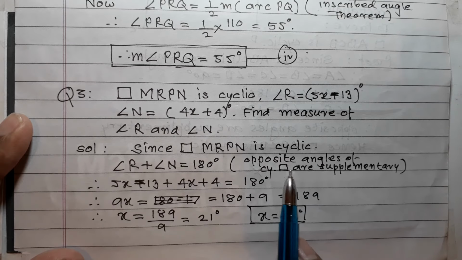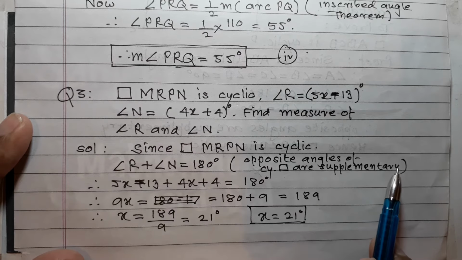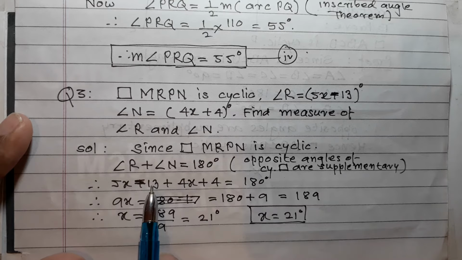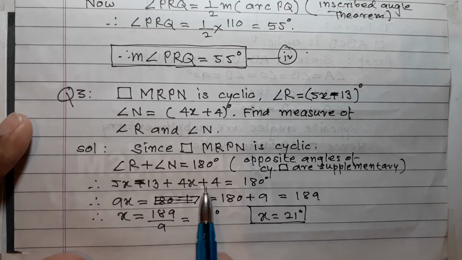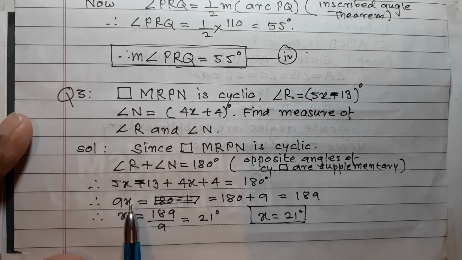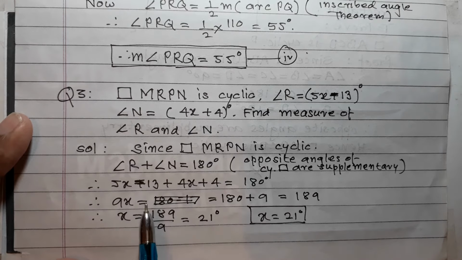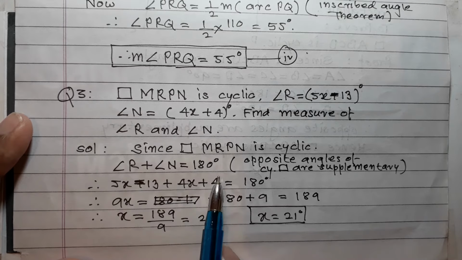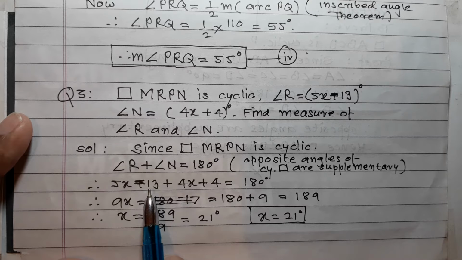Opposite angles of a cyclic quadrilateral are supplementary, and therefore 5x minus 13 plus 4x plus 4 is equal to 180. If you simplify this, 5x plus 4x is 9x, and minus 13 plus 4 is equal to minus 9.